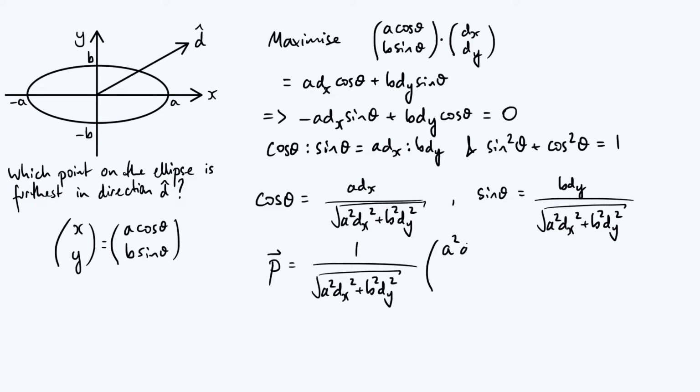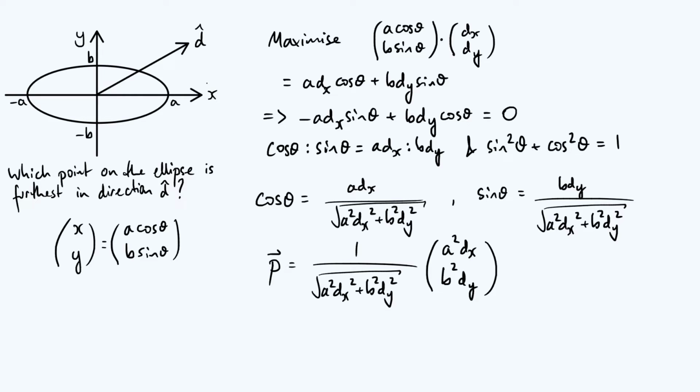So we get a squared dx because there's an a over here and then an extra a over here. And similarly, we get b squared dy because there's a b there and an extra b there. And there is our support point in direction d, assuming again that d is already normalized.